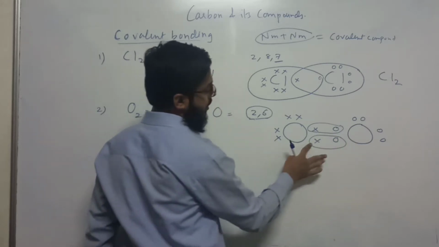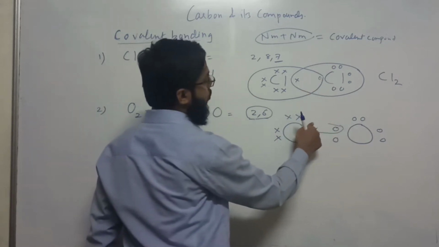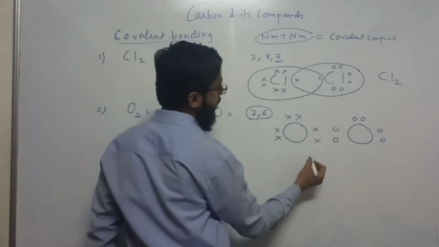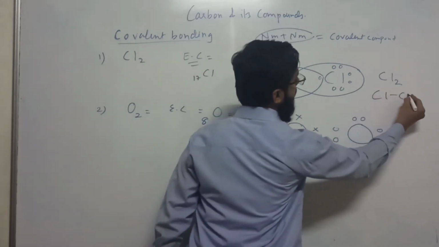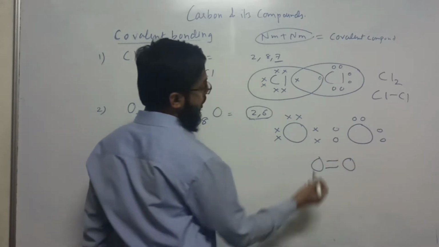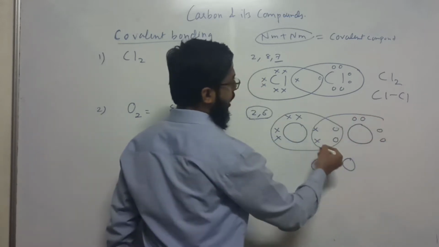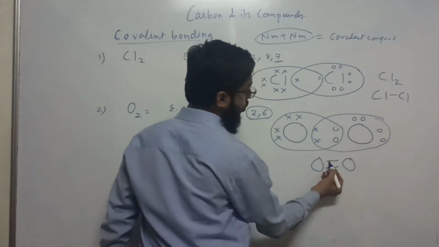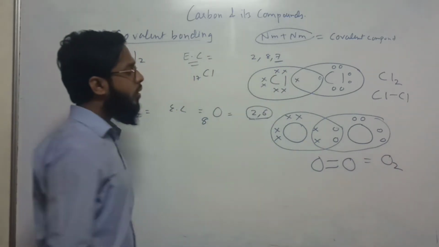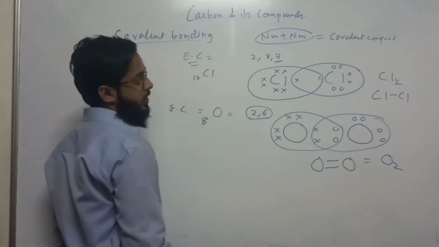Two electrons are shared here, and 2 electrons are shared there. So it is forming 2 bonds between the oxygen atoms, because 2 electron pairs are shared. This is known as a double bond. In this way, the oxygen molecule is formed.